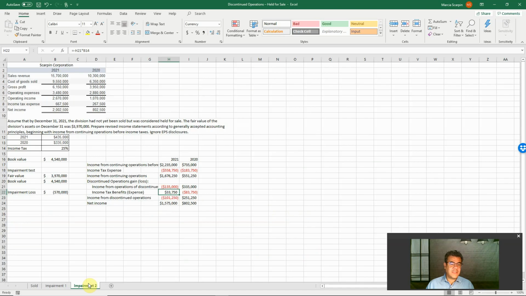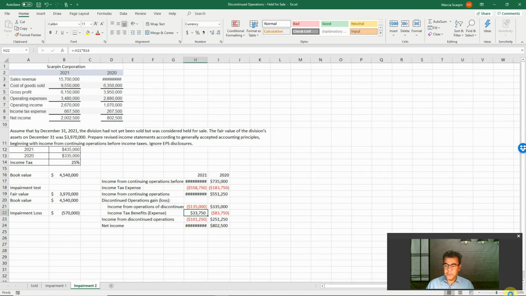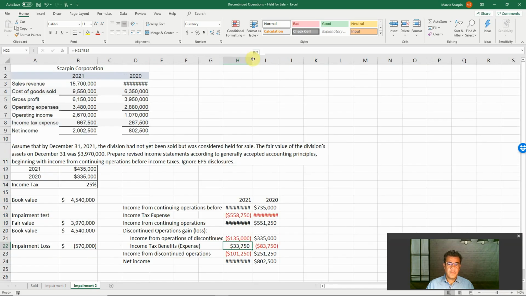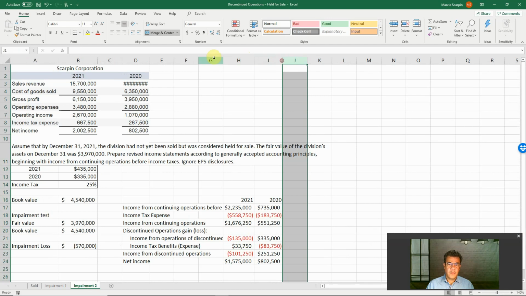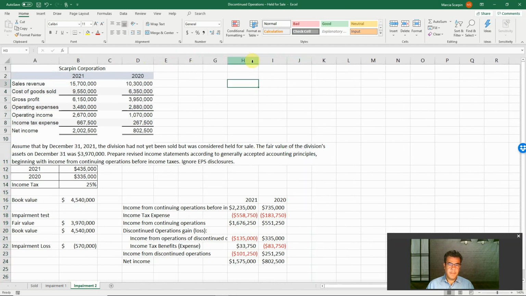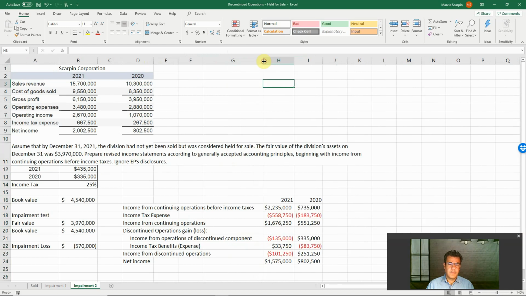However, we have a second scenario. So our second scenario here. Okay. Our second scenario, what do we have?